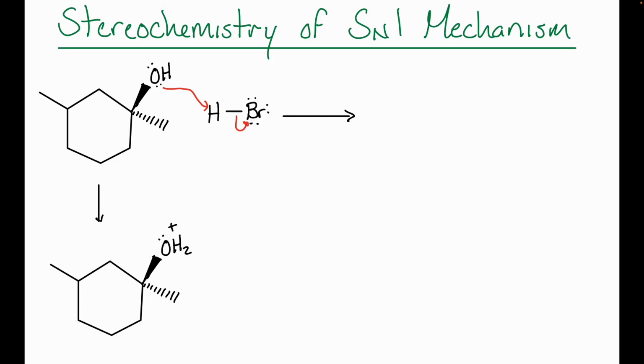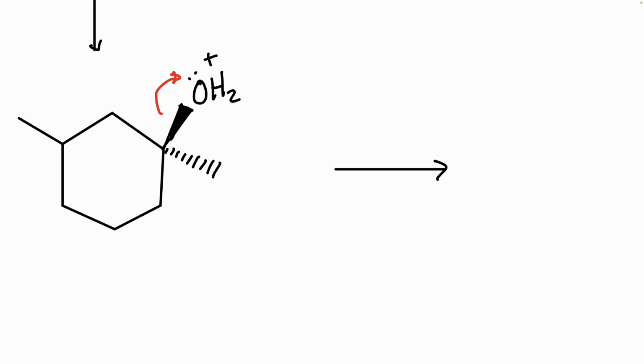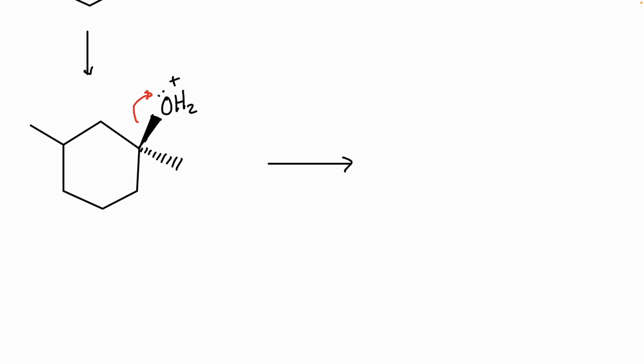Right, because this is tertiary, that good leaving group will leave. And this is kind of the important part here. Before that leaving group leaves, we have a chiral carbon because it's got 4 distinct bonds and it's got this tetrahedral geometry. Well, when that leaving group leaves and we form our carbocation, carbocations have only 3 bonds and will adopt this trigonal planar geometry.